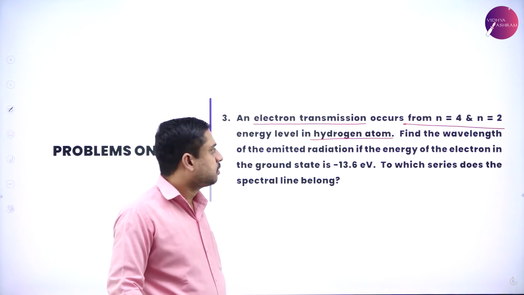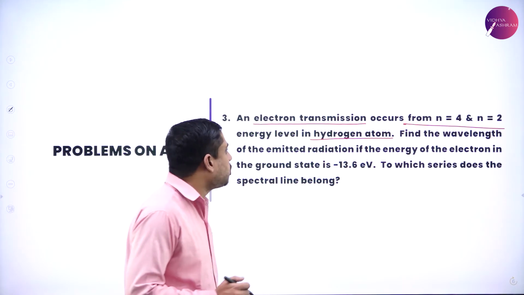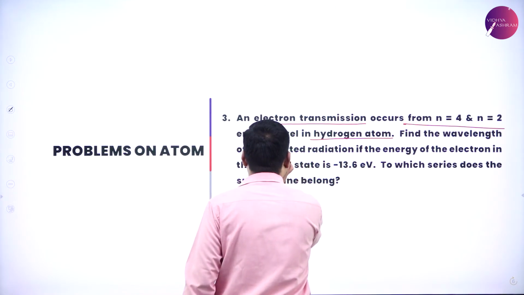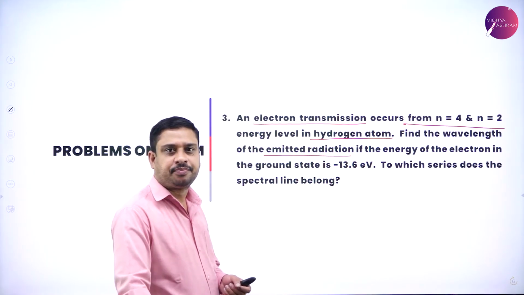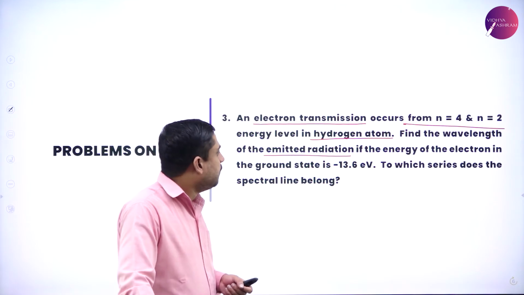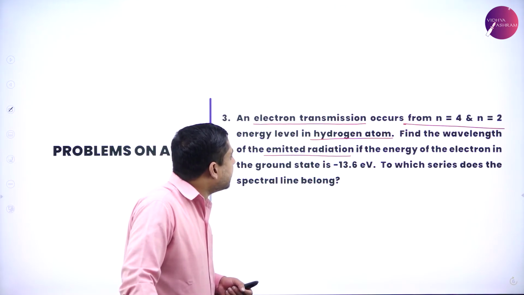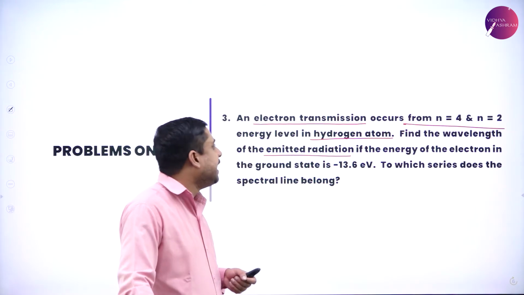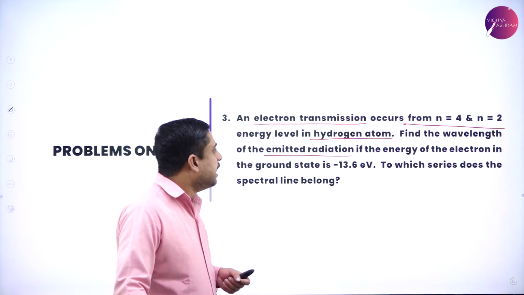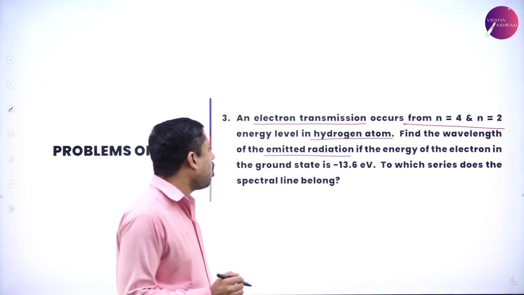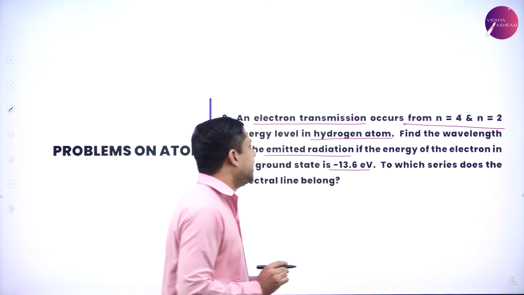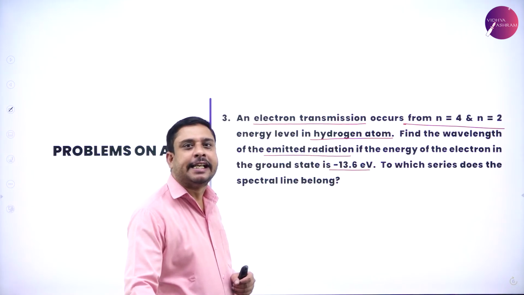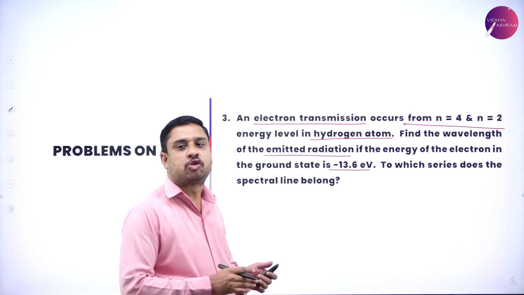Find the wavelength of the emitted radiation if the energy of the electron in the ground state is minus 13.6 electron volt.